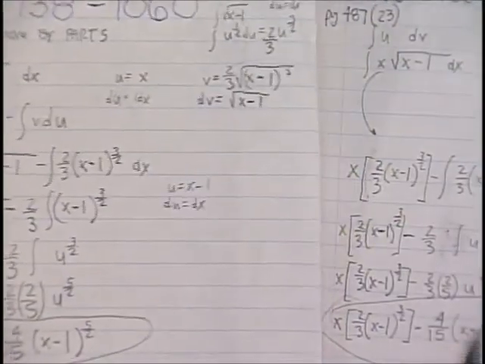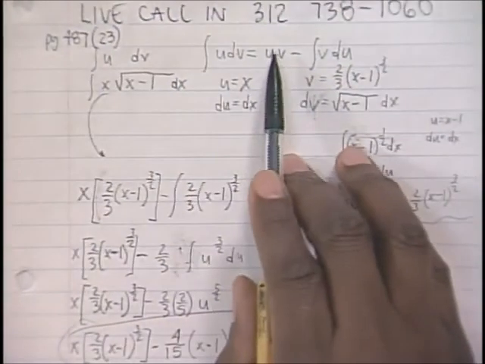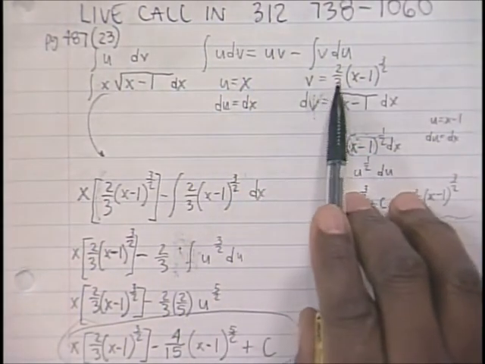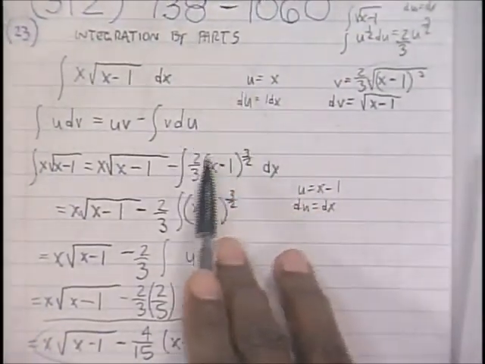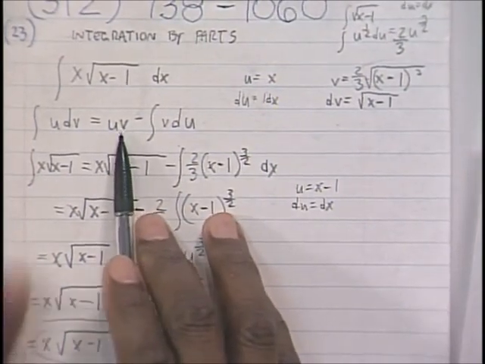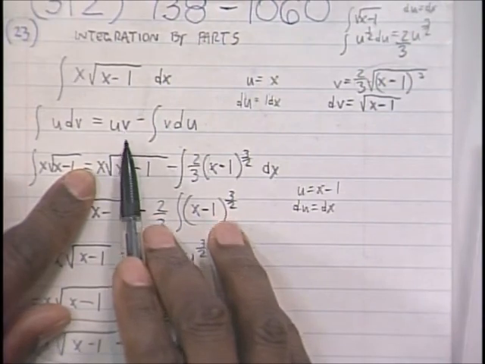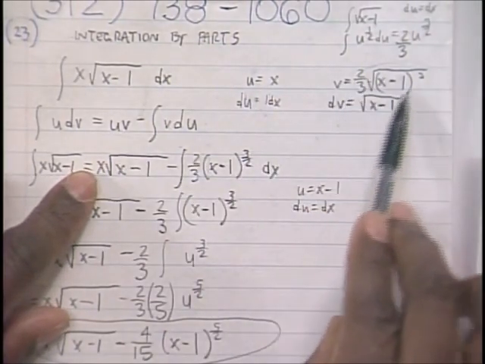This is what I just recently completed right here. So it's u times v. V was 2/3 times x minus 1. Here, again, we had u times v, but u was x, and v was the 2/3 times x minus 1.